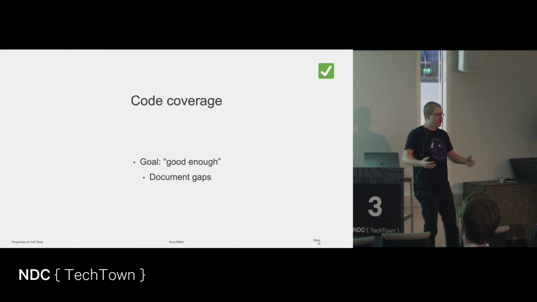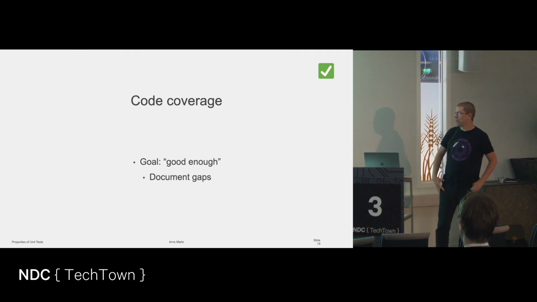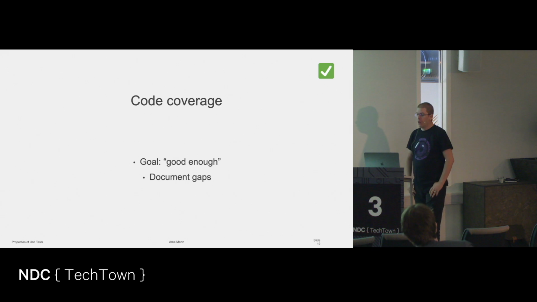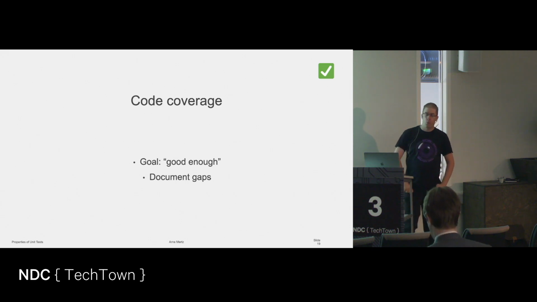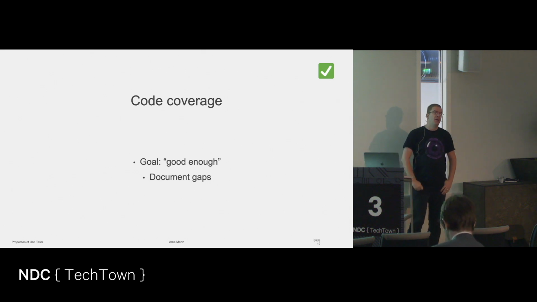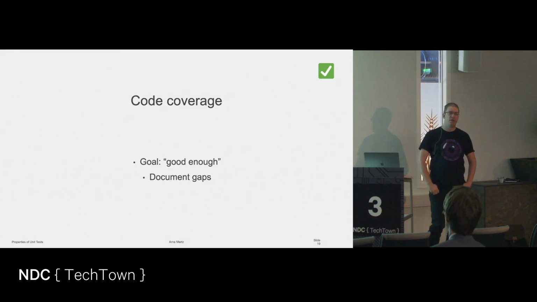To make sure that everything, or as much as possible, works well, we want to have code coverage, which means we want to cover as much as possible. There are people saying we want to have 100% code coverage.